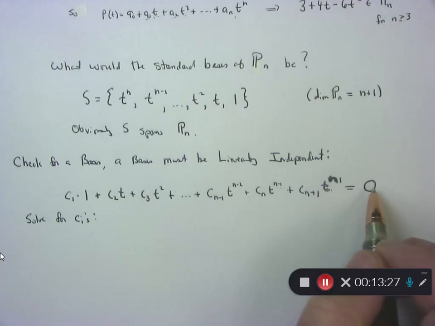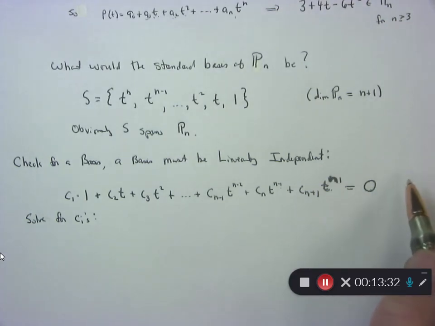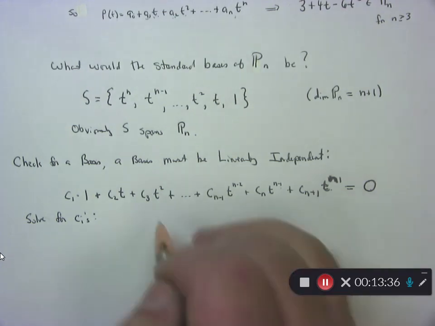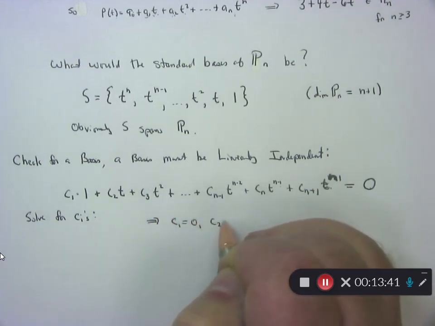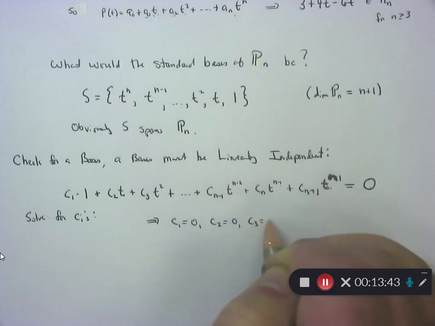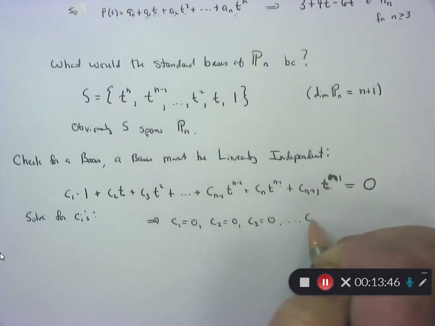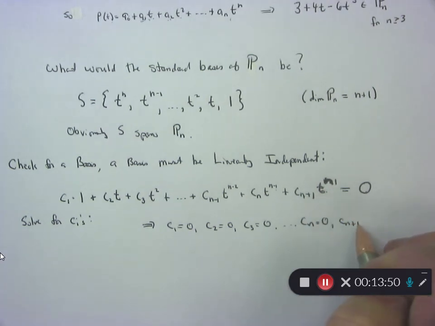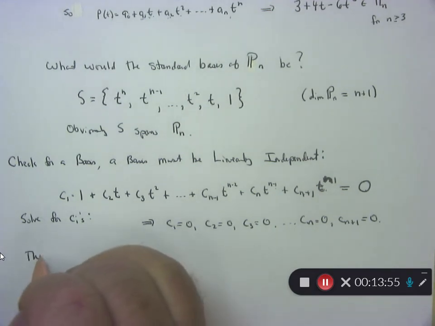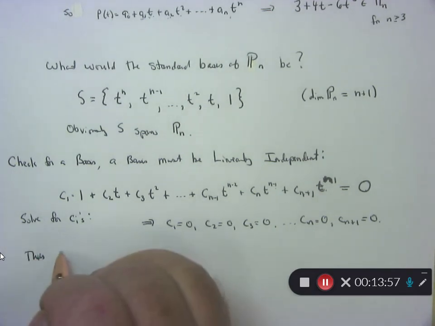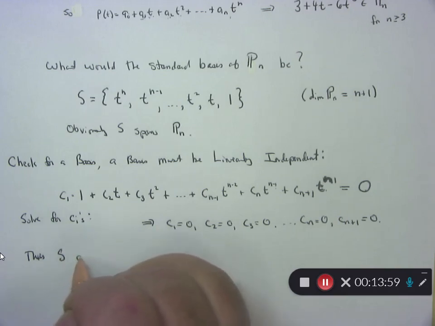Well, the only way you can get it equal to 0 is for it to equal 0 plus 0t plus 0t squared plus 0t cubed plus and so on, plus 0t to the n, which would imply that C1 has to be 0, C2 has to be 0, C3 has to be 0, Cn has to be 0, and because there are n plus 1 of these, C(n+1) has to be 0. Thus, the set S is linearly independent.